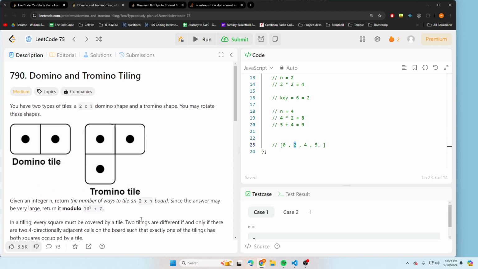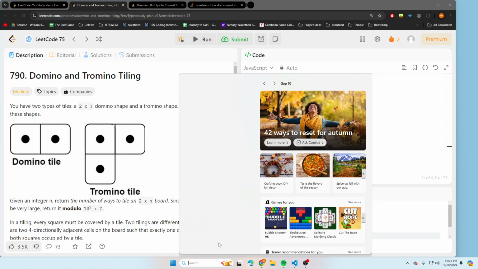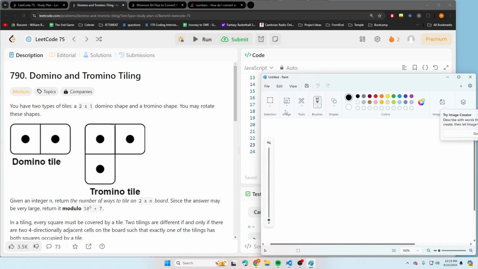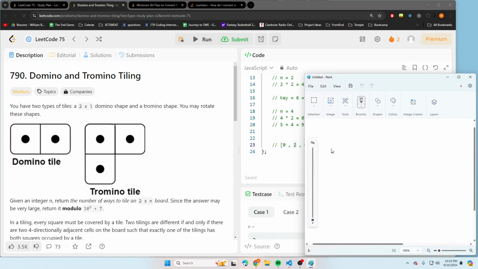So the problem that I'm facing right now, I don't know how to test out because it's pretty big. So if you want to just try it out, n equals to 4, so that's gonna be 1.